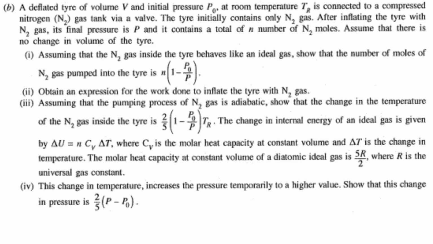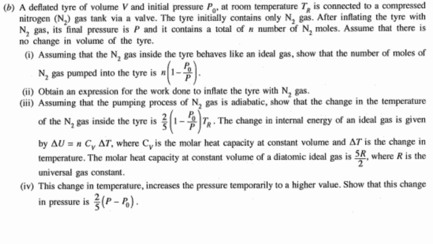After inflating the tire with nitrogen gas, its final pressure is P, and it contains a total of n moles of nitrogen. Assume that there is no change in the volume of the tire.